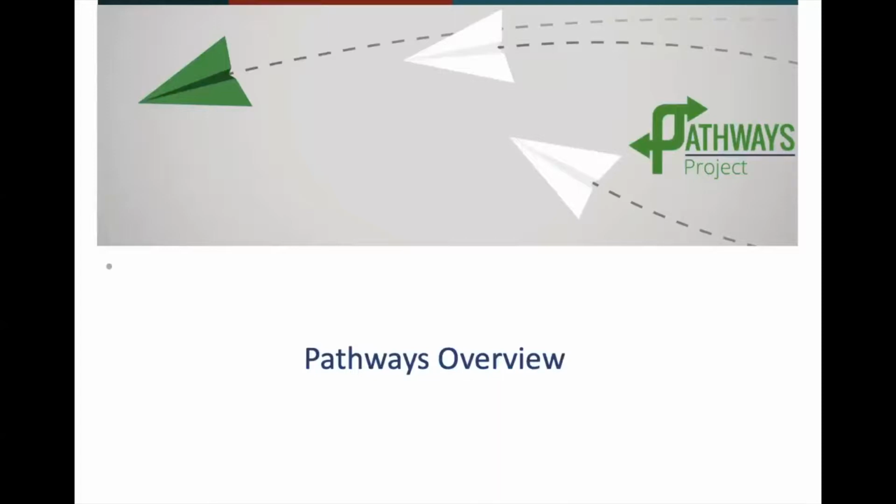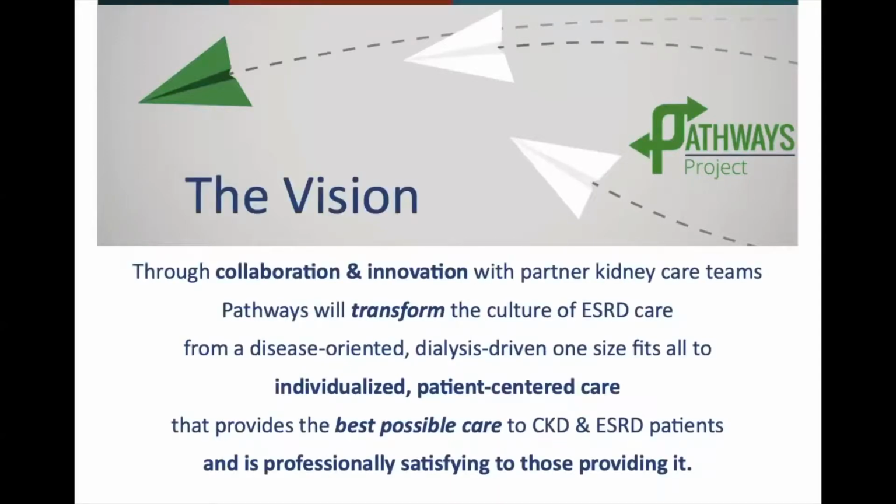So just to give you that very big picture, what we're trying to do is really learn something about how to transform the culture of ESRD care, so that instead of it being a one-size-fits-all kind of conveyor belt, we really individualize it and are providing care that is tailored to the goals and wishes of patients.